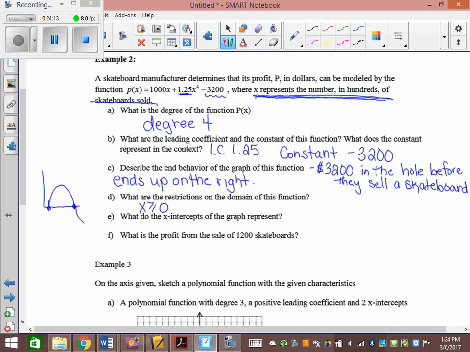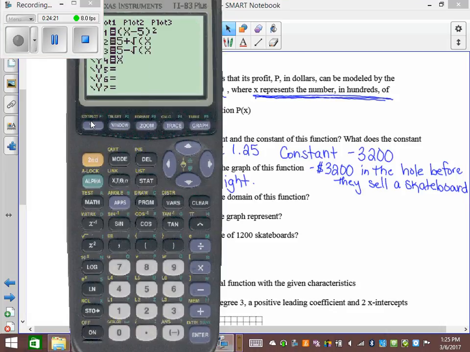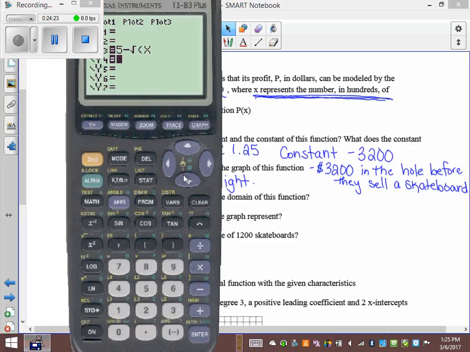Now, what I want you to do is plug it into your calculator so we can see this. So when I bring up my calculator, clear all these out.